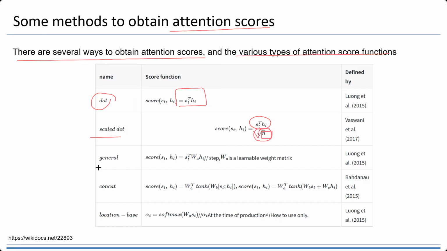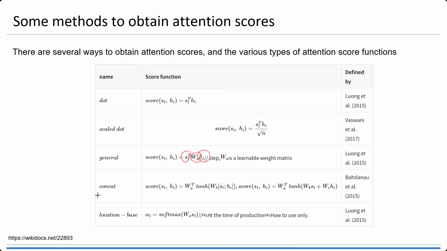The other kind of works, you can see the general one. This is just a matrix multiplication of S, W, and X. S is the score that we got, W is the weight, and X is the hidden state.